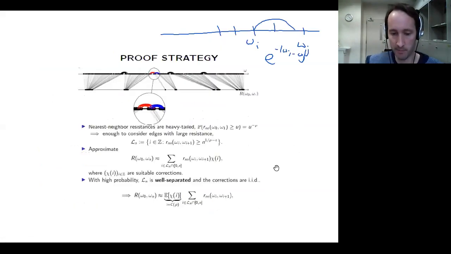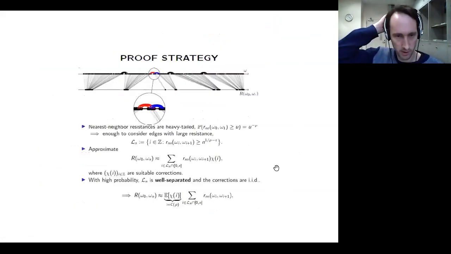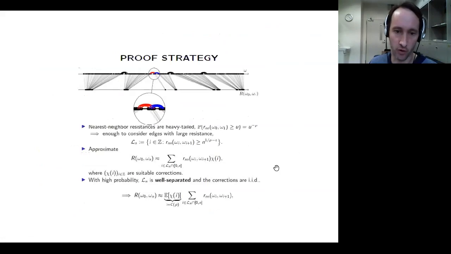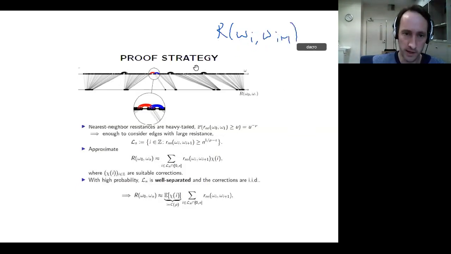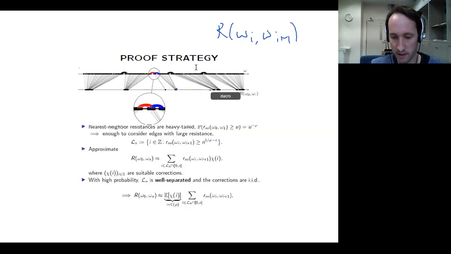And the basic idea is to try and reduce the problem to something that looks a bit more one-dimensional. Of course, there are several problems that you have to deal with. In particular, the graph is not a one-dimensional graph, so we don't quite know what the actual effective resistance is between neighboring vertices. The effective resistance between two neighboring vertices, say here and here, is contributed to by all of the edges in the graph.